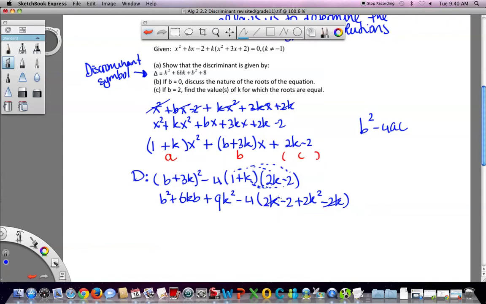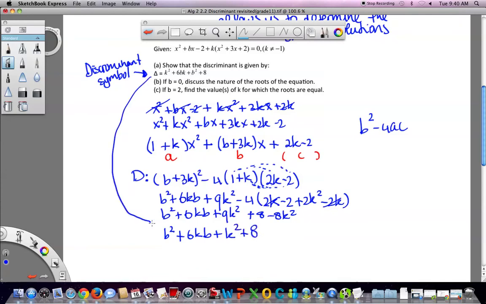This one cancels with that one, so b squared plus 6kb plus 9k squared minus 4 times a -2 is +8 minus 8k squared. So this one subtracts from that one. So I get b squared plus 6kb plus 1k squared plus 8, and that is exactly what I was supposed to get. So that's good.